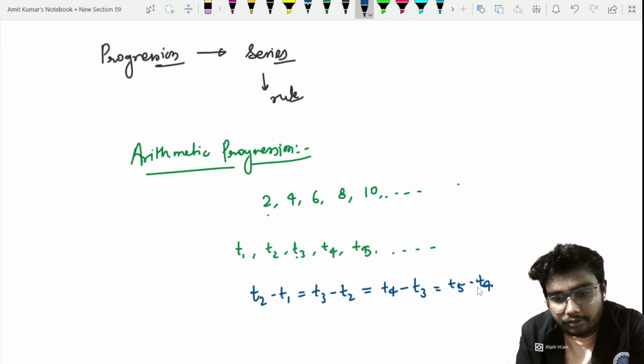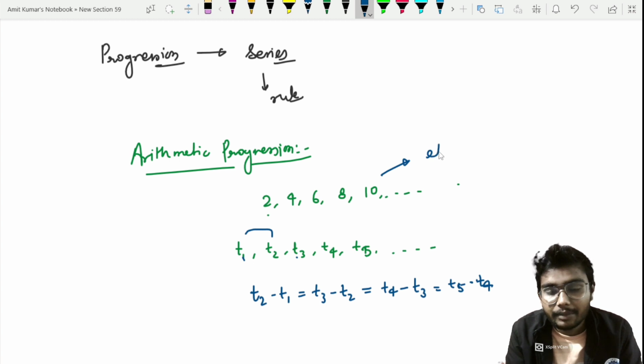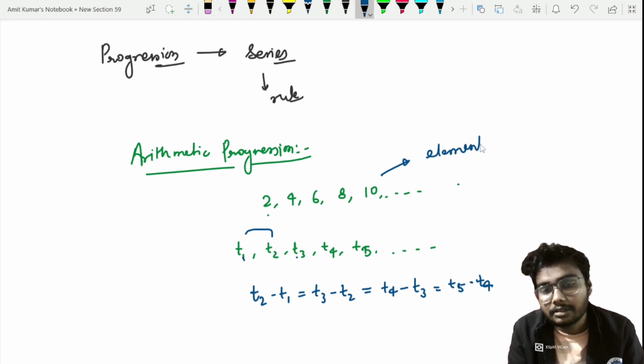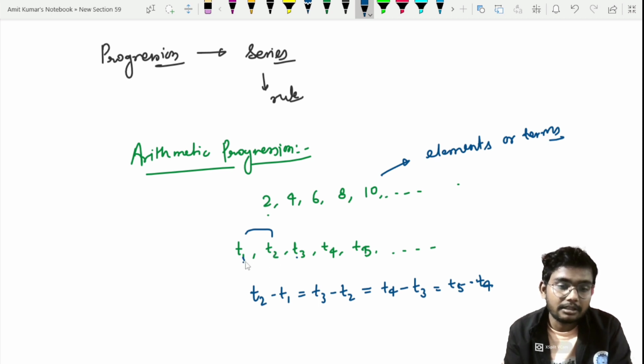Whatever numbers we are using in a sequence or series are called elements or terms. We are subtracting T1 from T2.